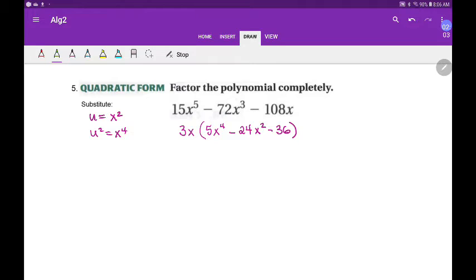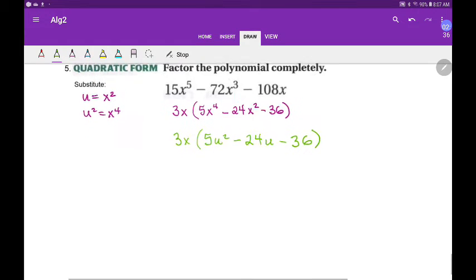Let me just say 3x for now on the outside. I'm thinking about the inside. 5u squared minus 24u, where u is the x squared, and then minus 36. Main thing is I'm going after the inside. I'm just going to leave the outside as 3x.